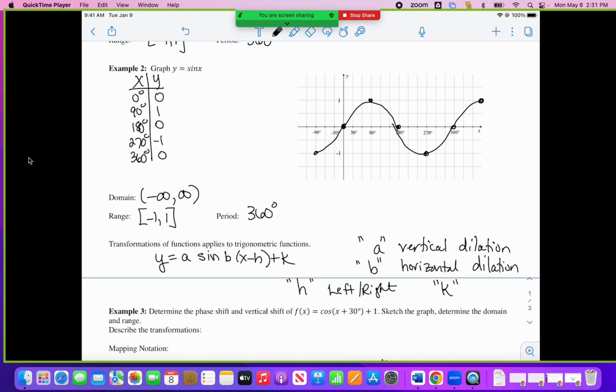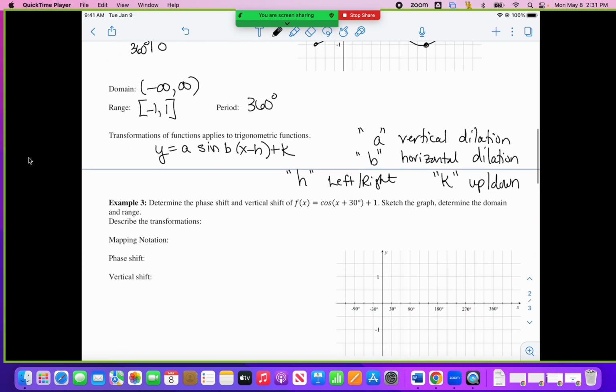And your k is the up, down. And again, you knew this from functions, where we did absolute value of x, square root x, x squared, exponentials, logarithms. So I think this is about our 6th time through this year with transformations.